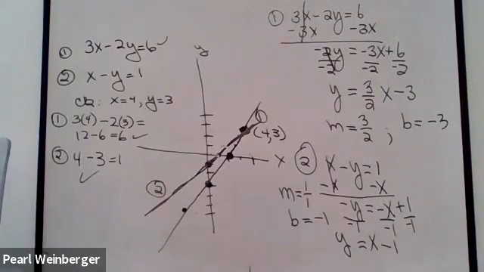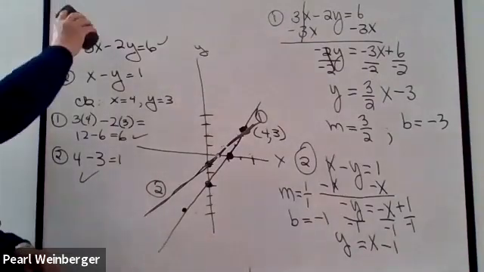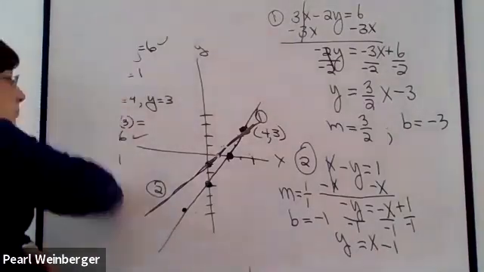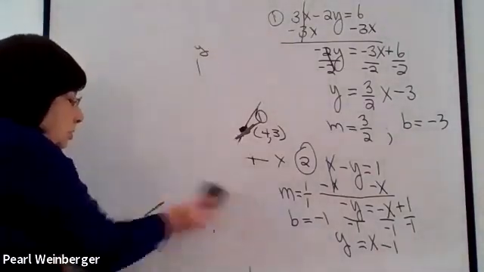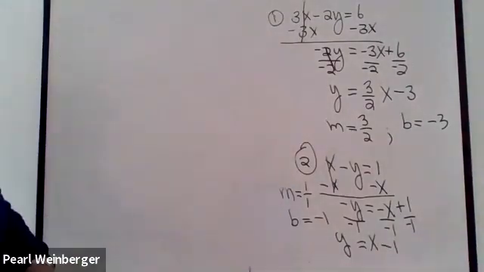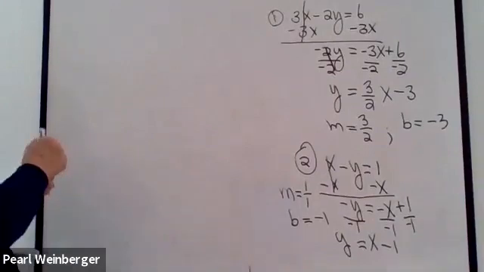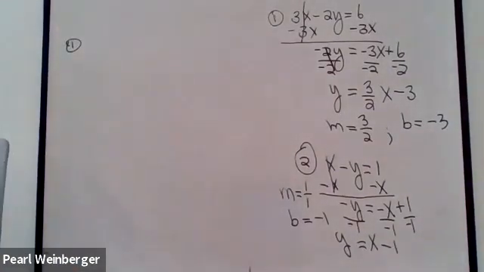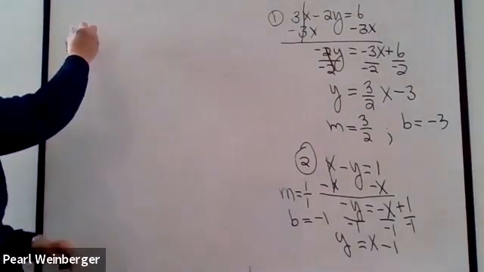Okay. Here's my new system of equations. Line 1 has the equation 3x plus 3y equals -2.